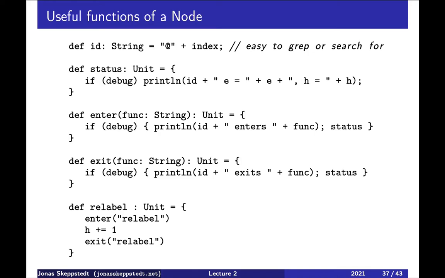Now let's look at some useful functions for the node actors. These are not necessary in any way, but it can be useful to have them. First, I suspect you will need to do printing to debug your program, or at least to see that it works as expected on small inputs.